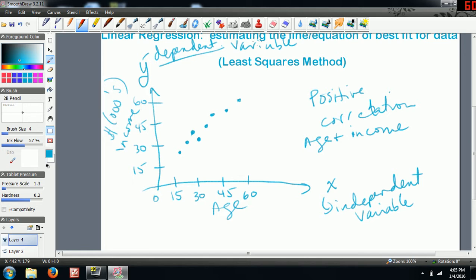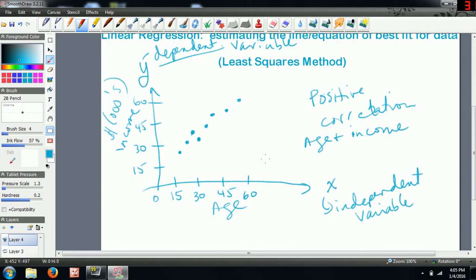Now you've got your positive correlation. If you see the data going upward from left to right, that's a positive correlation, because as one increases, so does the other. As the independent variable increases, so does the dependent variable. If it was going the other way, that would be a negative correlation.